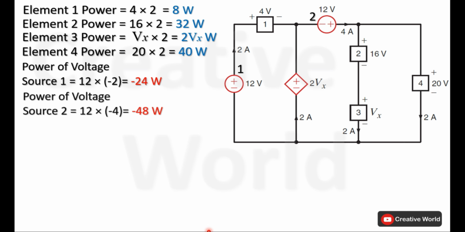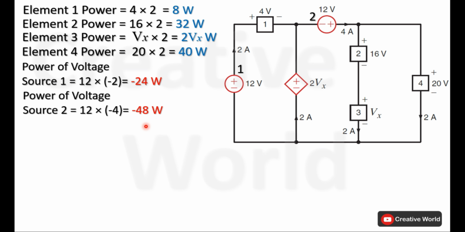Moving towards the voltage source 2, voltage across this source is 12 volt and current through it is 4 ampere. And in this case, current is entering from negative side and leaving from positive side, so this current will be taken with negative sign. Power of voltage source 2 will be 12 multiplied by minus 4, that is minus 48 watt. And because of minus sign, this power is also considered as supplied power through voltage source 2.